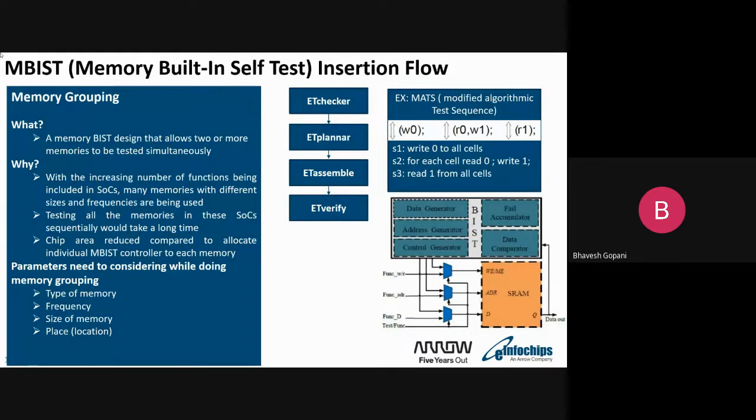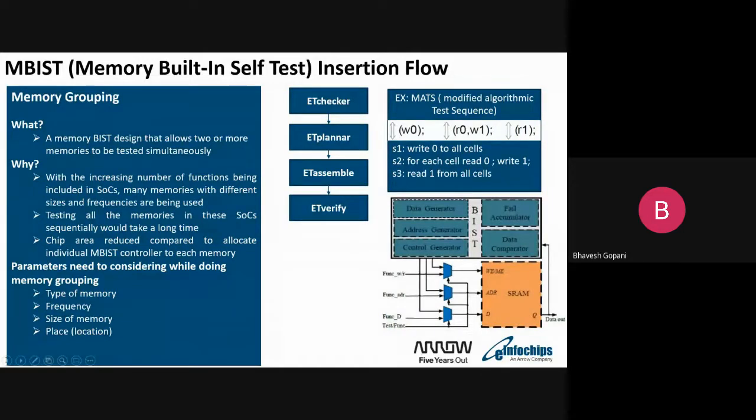And the last one is location, where the memory is placed in the chip. Let's say my chip size is 10 by 10, and I have 5 RAMs of the same kind working at the same frequency, but one is placed in the top left corner and another in the bottom right corner of the chip.